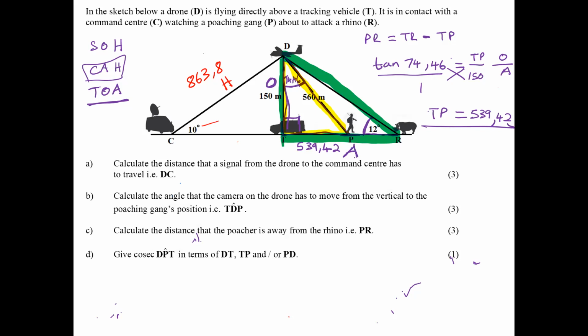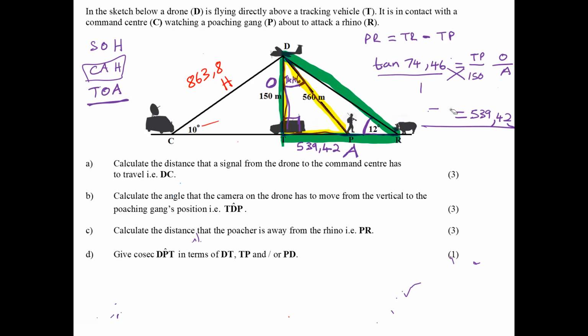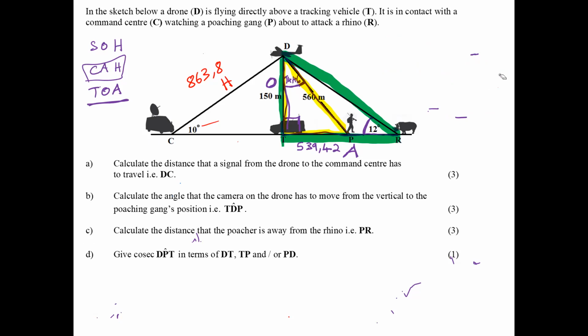So which ratio will I use? Tan, sir. Why would you use tan? Why not cos or sine? Because we've got the opposite and adjacent, sir. Thank you.